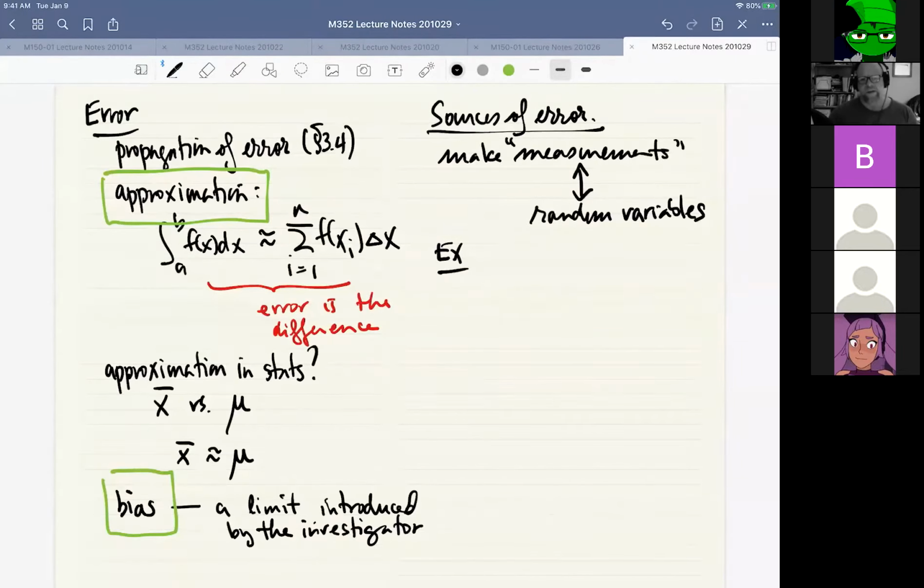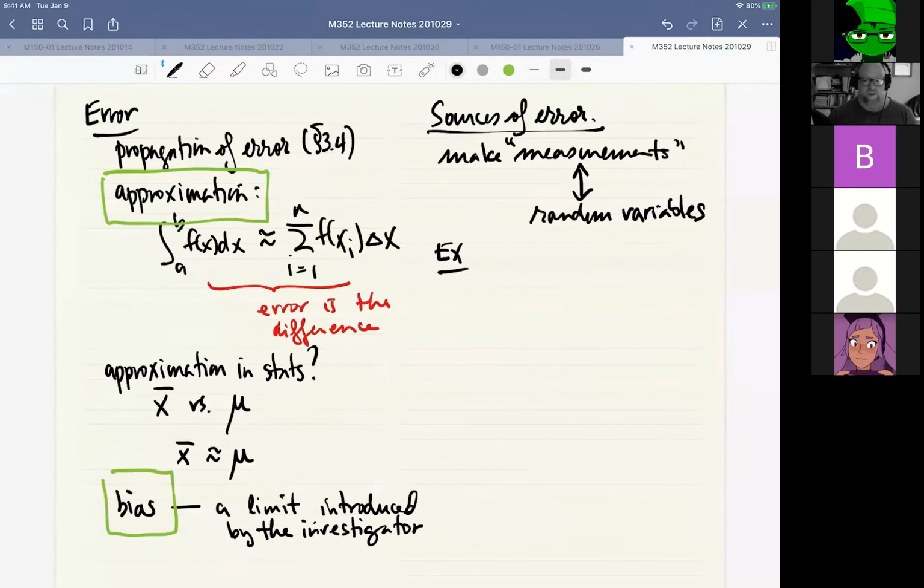Now, let me make it easier. Let me broaden that up. I want you to think about and type into the chat one type of measurement a person could make, an investigator could make, or an investigator could be interested in. Okay? What's one type of measurement an investigator could make or be interested in?